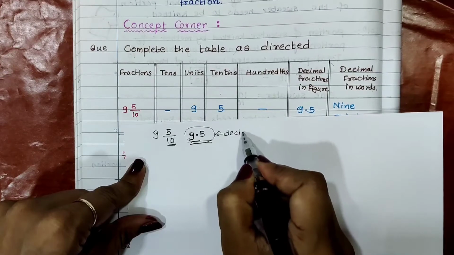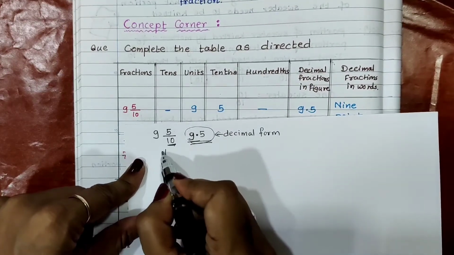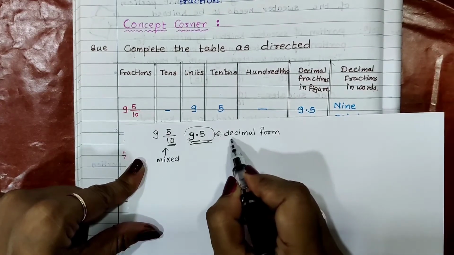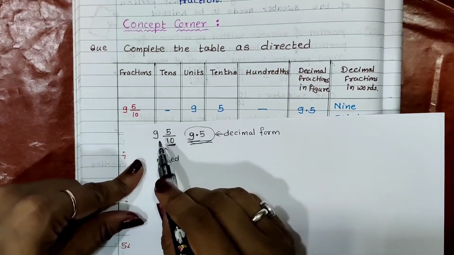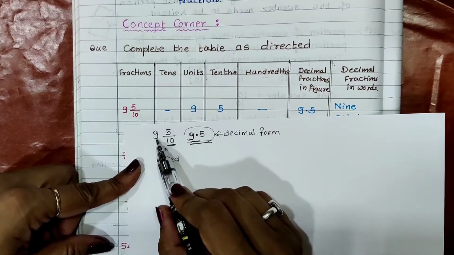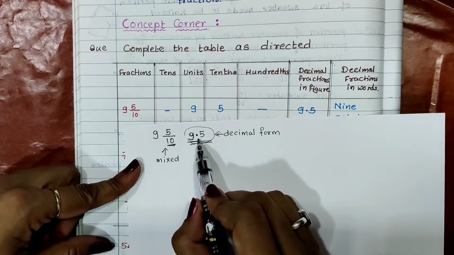This is the decimal form or decimal fraction, and this is the mixed fraction. They have the same value. Only in the mixed fraction we write integer 9 and then 5 upon 10. In the decimal fraction we write 9.5.